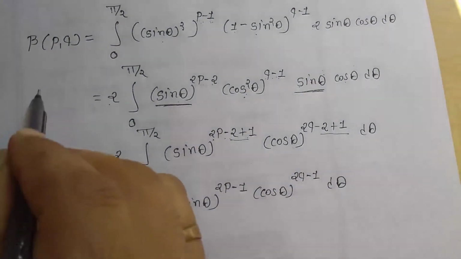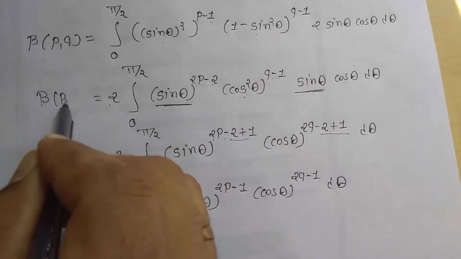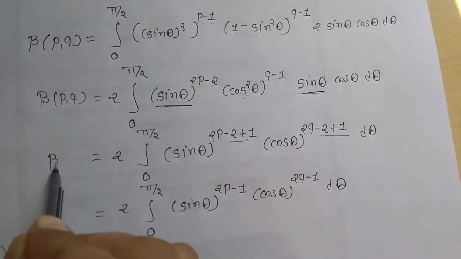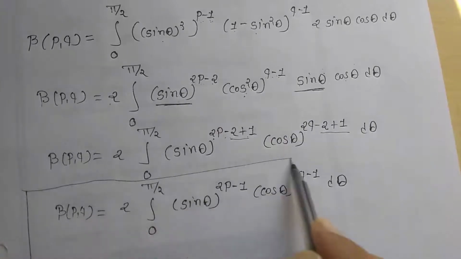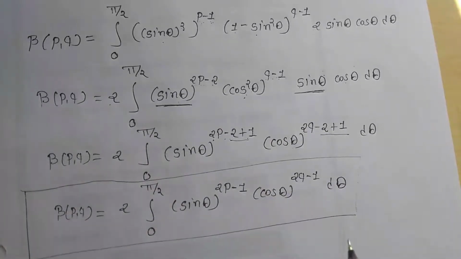Here we get beta of p comma q, here also beta of p comma q, and this is the proof.